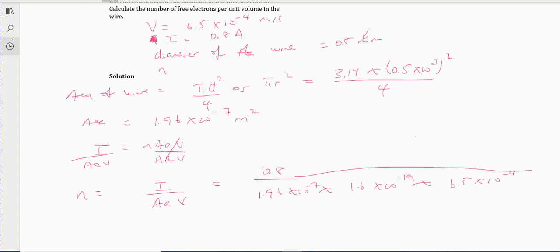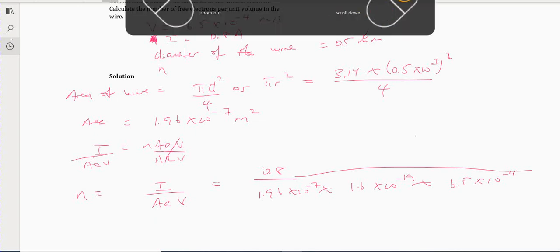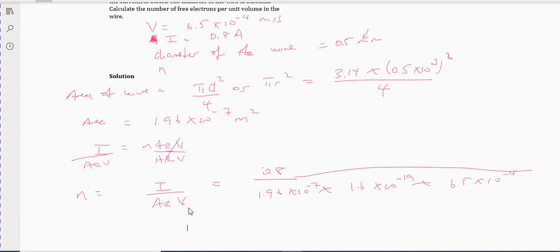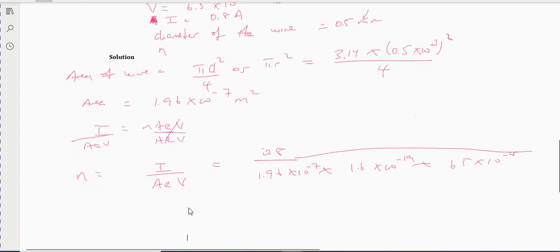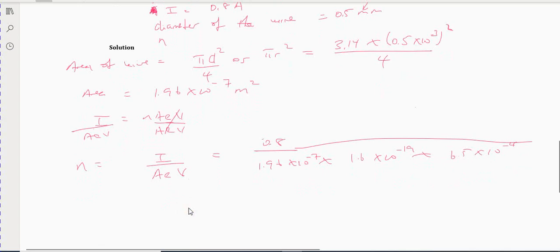So when I put the denominator in the calculator, I get 2.0384 times 10 to the minus 8.